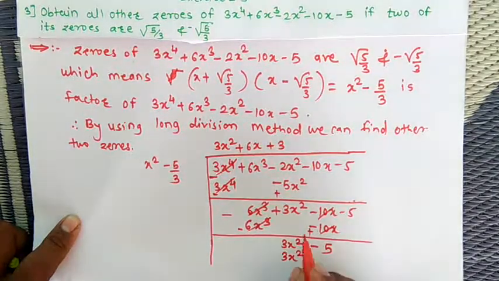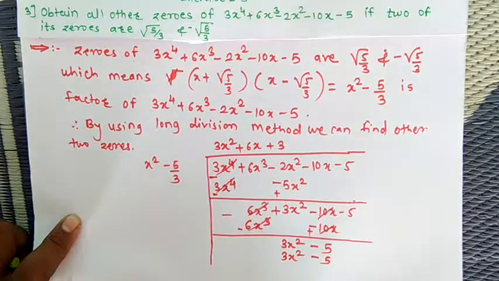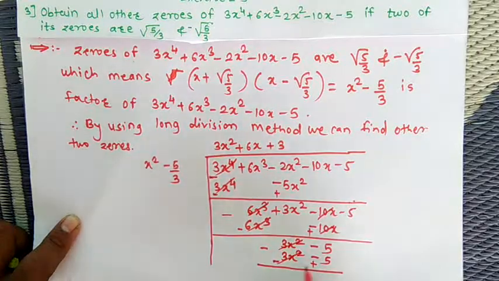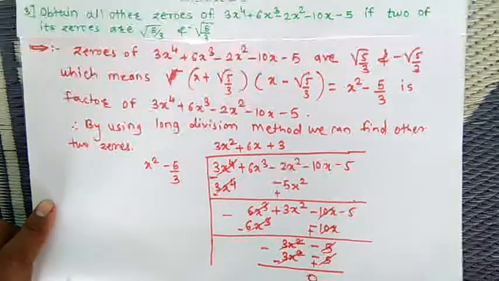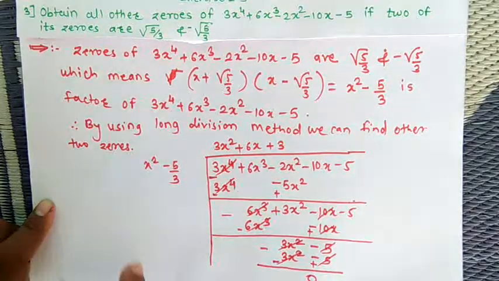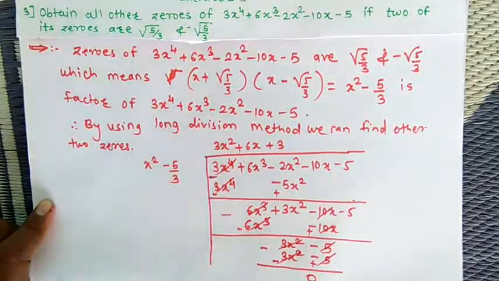That is minus 5. We have to subtract it. While subtracting, we have to change the signs. 3x square and minus 3x square get cancelled, minus 5 plus 5 get cancelled, that is, the remainder is equal to 0. Now we got the divisor and the quotient.